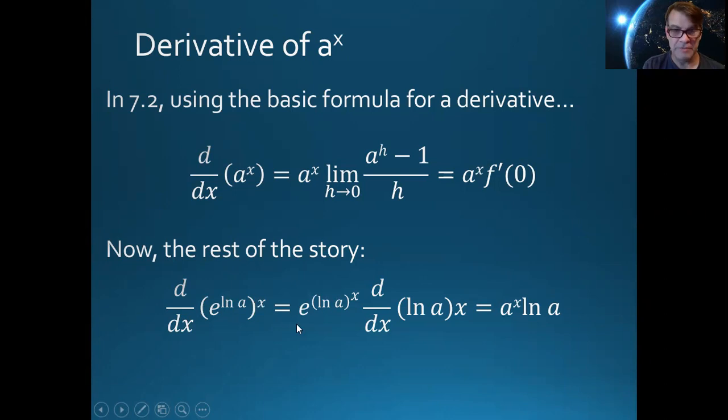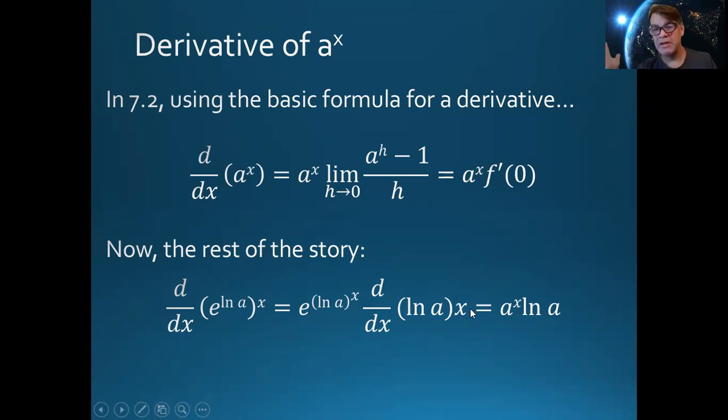Then what I'm left with is the derivative of the power. First of all, natural log of a is a constant, so it's going to pull out, just like we said on the previous slide. So this again reduces back to a to the x, natural log of a, and then we're only left with the derivative of x.